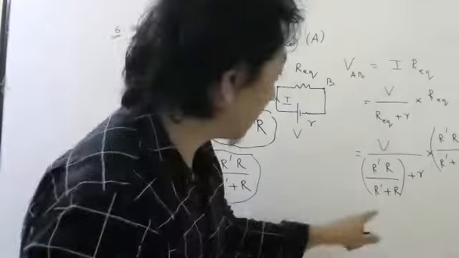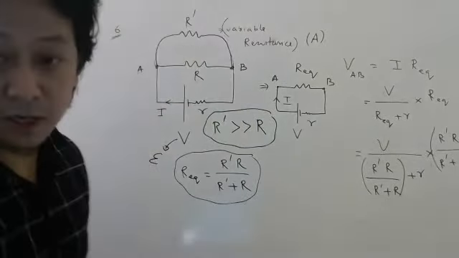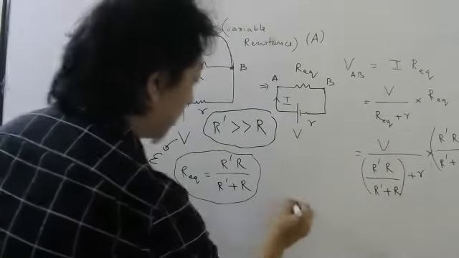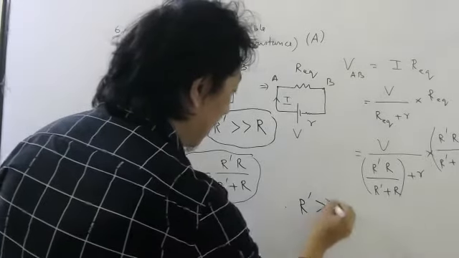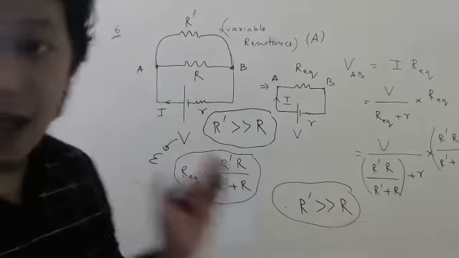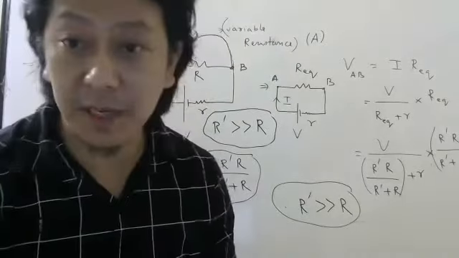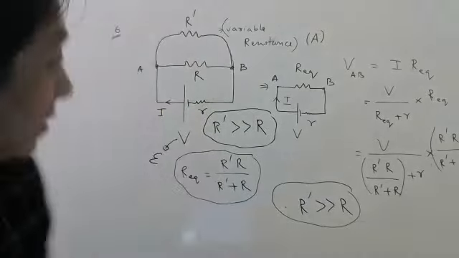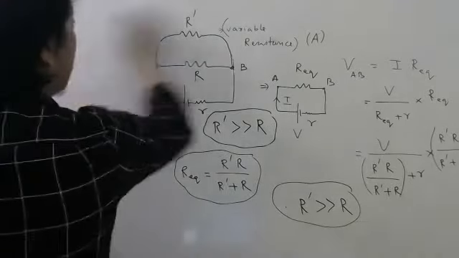Now you can check, look carefully. Since it is given R dash is way larger than R, when you add R dash and R, approximately you will get R dash, because R dash is very, very large.